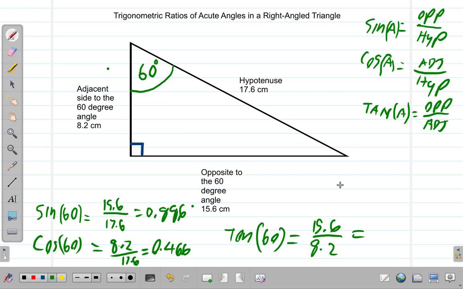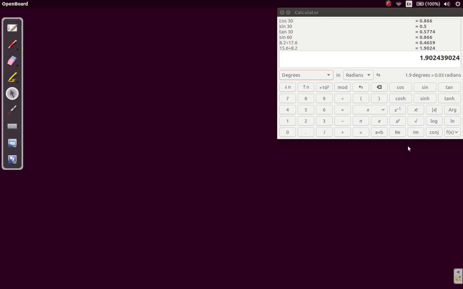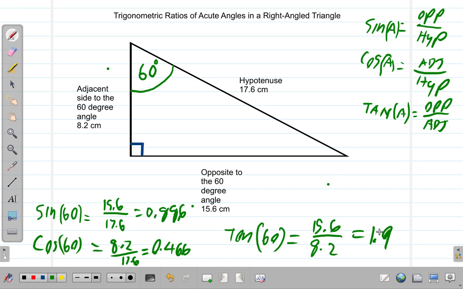1.9. Right, 1.9. What would be the accurate value if you say tan 60 on the calculator? Let's try that. Tan 60 equals 1.73. 1.9, not really too far off. Alright?